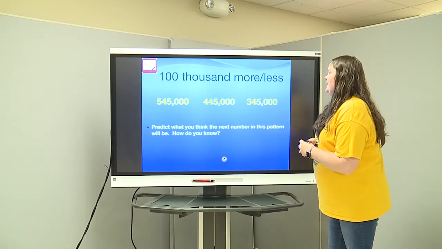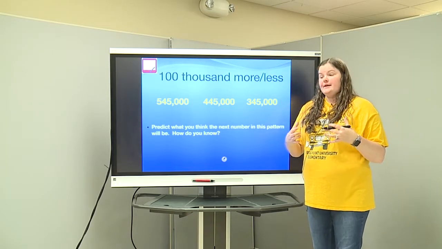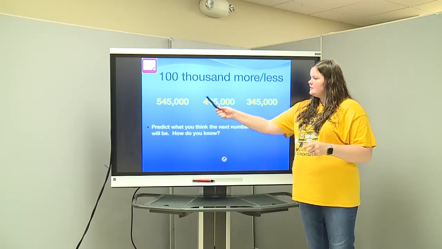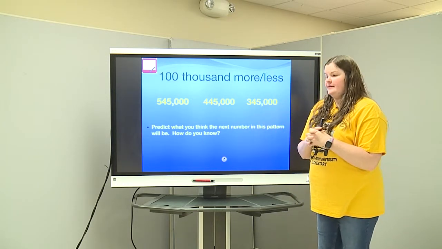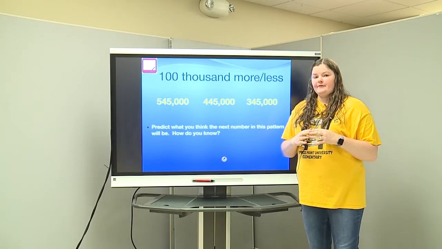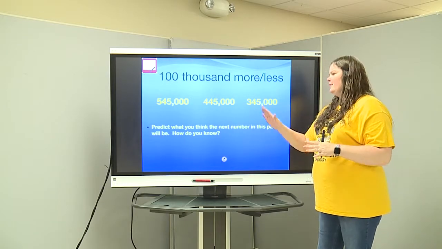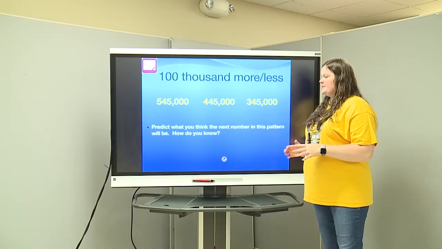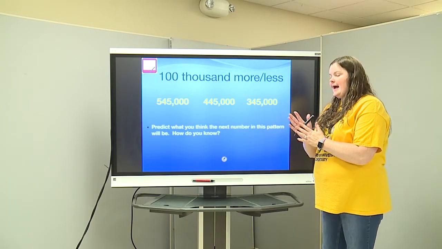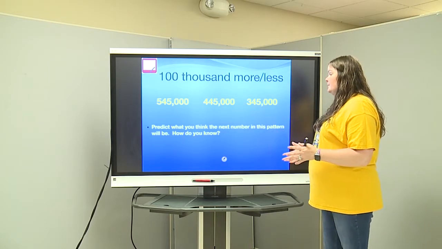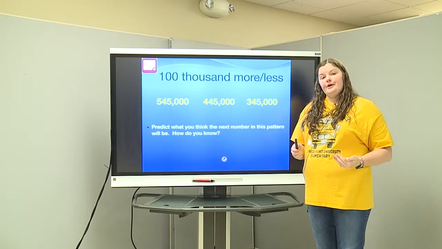All right, now let's look at this. This is actually a number pattern. So we're starting with 545,000, 445,000, and 345,000. So take a minute and look at those three numbers. It says predict what you think will happen or what you think the next number will be, and how do you know?